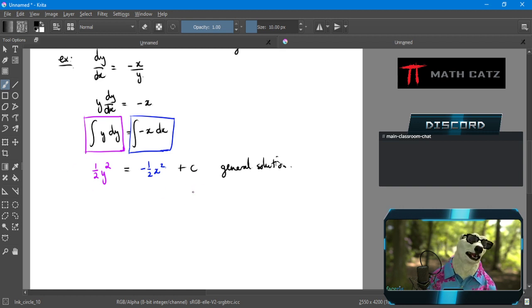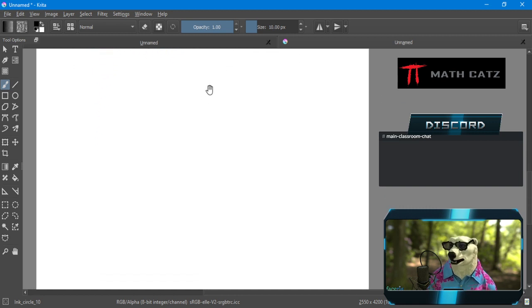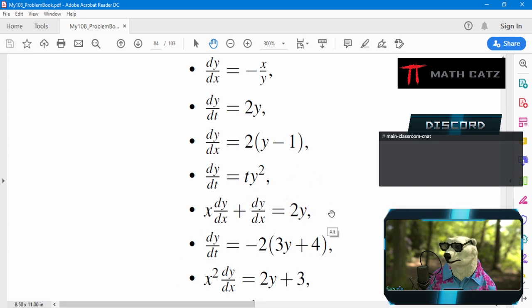So we've moved on to something a little bit more general, and the general solution could look a little fancier as well. So don't worry about having to solve for y each time. It's nice if I can, but it's not necessary. So all we're practicing is separating the variables.